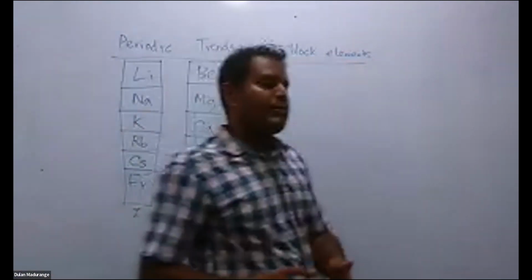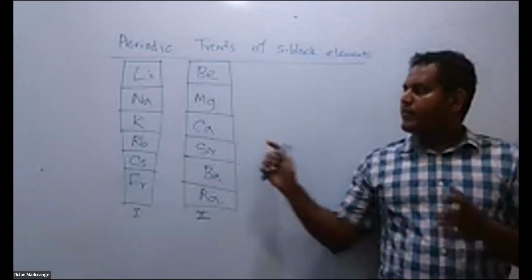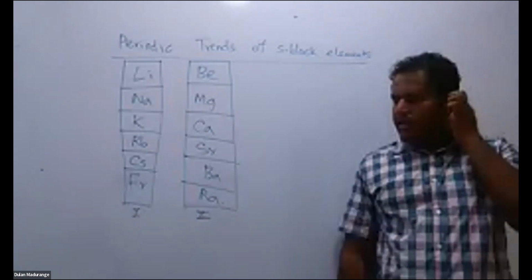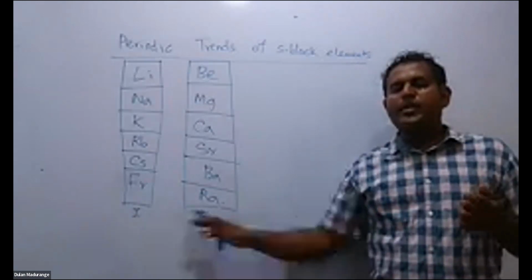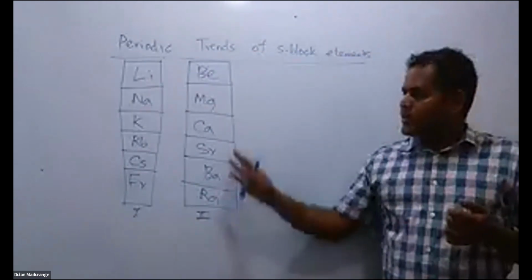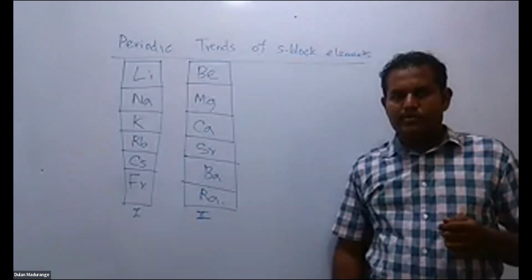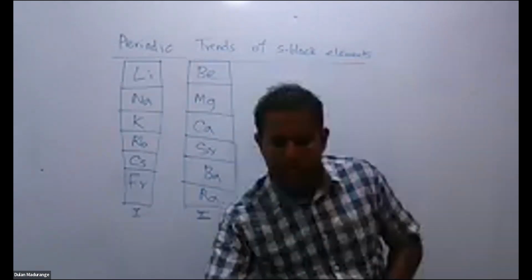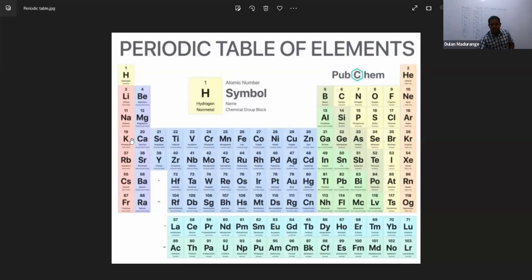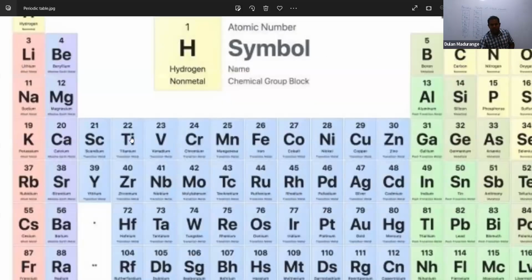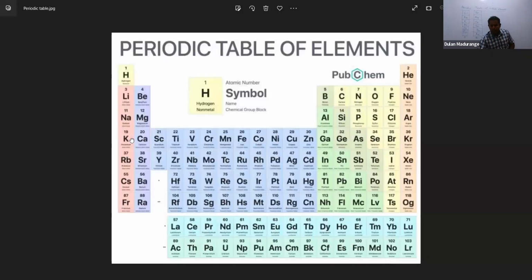First question. There's an issue with this. I'm telling you this is group 1 and this is group 2. Can't you see any problem in group 1? I'll show the periodic table. There's a small issue with group 1 in my chart compared to the periodic table. What is the issue?